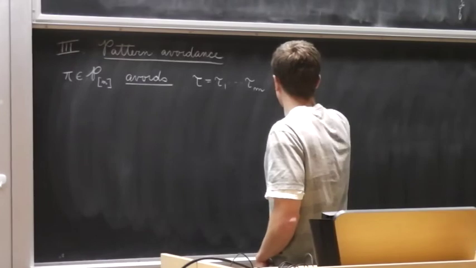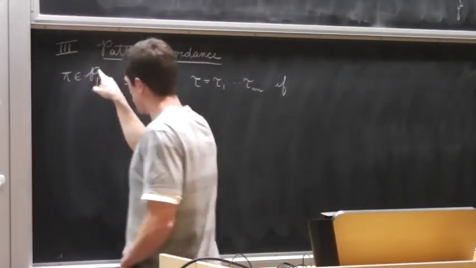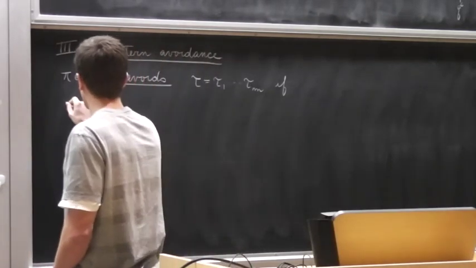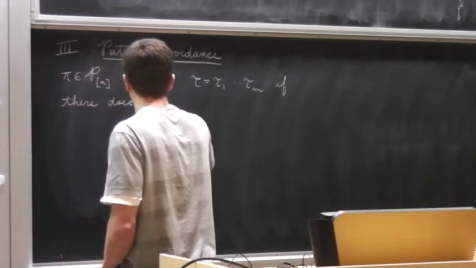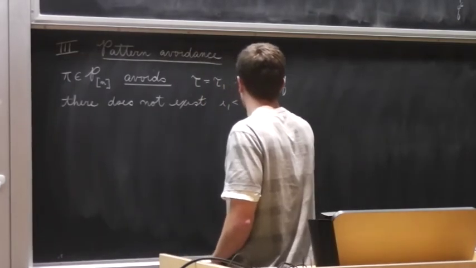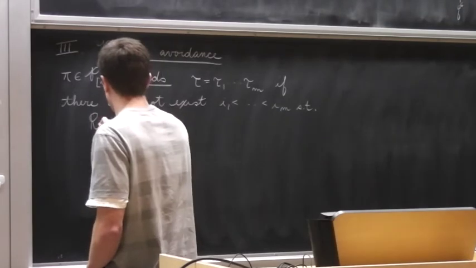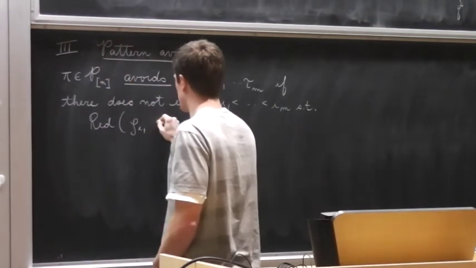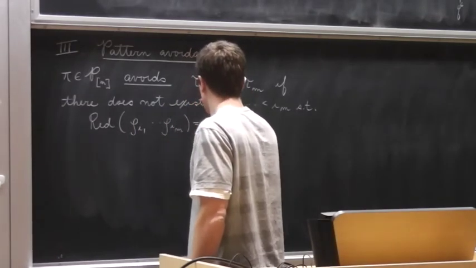And we say that a partition pi avoids it if its restricted growth function avoids it in the sense that there does not exist a subsequence such that the reduction, and now I'm talking about the reduction of the restricted growth function, but the definition is the same, is equal to tau.